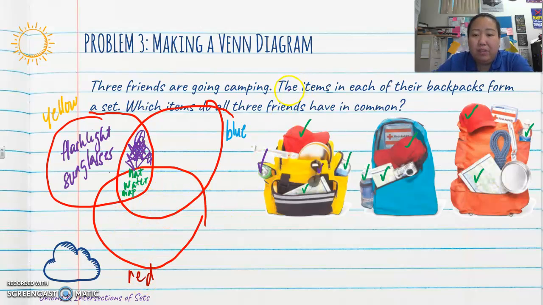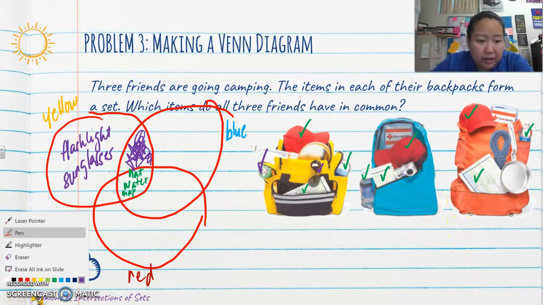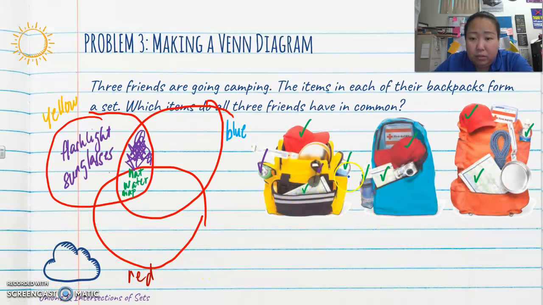Now, do we have anything common between the yellow and the red bag? As you can see here, let's use a different color. You will see that both the yellow and the red bag have a cooking pan. That overlap is common to only the yellow and red bag, so it's going to be over here in this overlap.